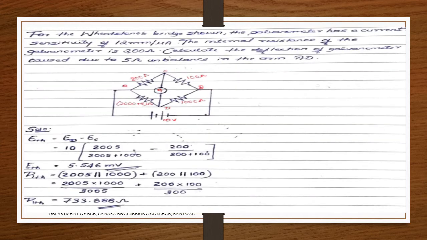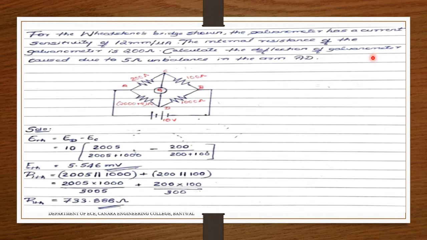Next one. Some kind of unbalanced condition. For a Wheatstone bridge shown, the galvanometer has a current sensitivity of 12 millimeter per microamp, and the internal resistance of the galvanometer is 200 ohm.